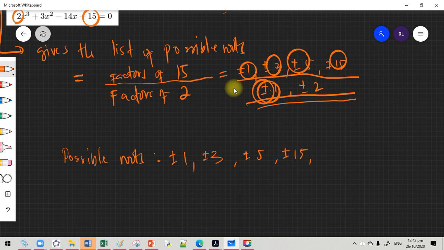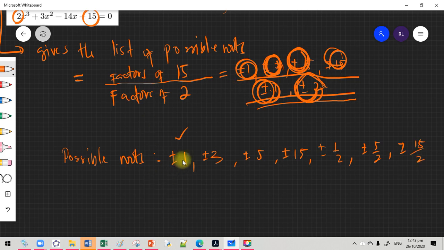Then going back, 1 and 2, we have plus minus 1 half. Then 2 and 2 gives 1, which is repeated already, so no need. Then 5 and 2 gives plus minus 5 over 2. Then 15 and 2 gives plus minus 15 over 2. So these are the possible roots.